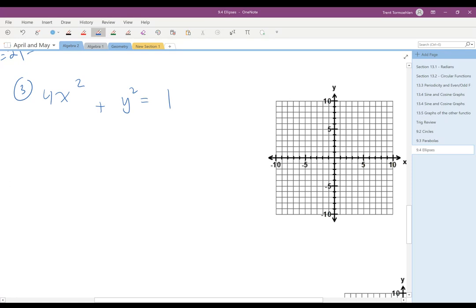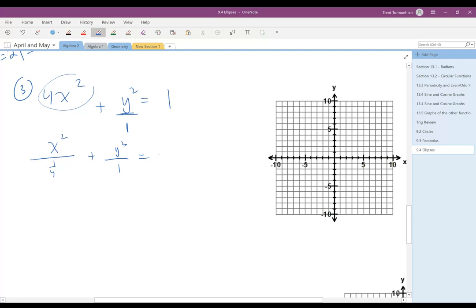Well, the problem here is we've already got it equal to 1, but we don't have any denominators. And so in this case, we know that the y is going to have a 1 as a denominator. But the x, since I've got 4x squared, the way that you actually would create this is by rethinking about it as x squared over 1/4.